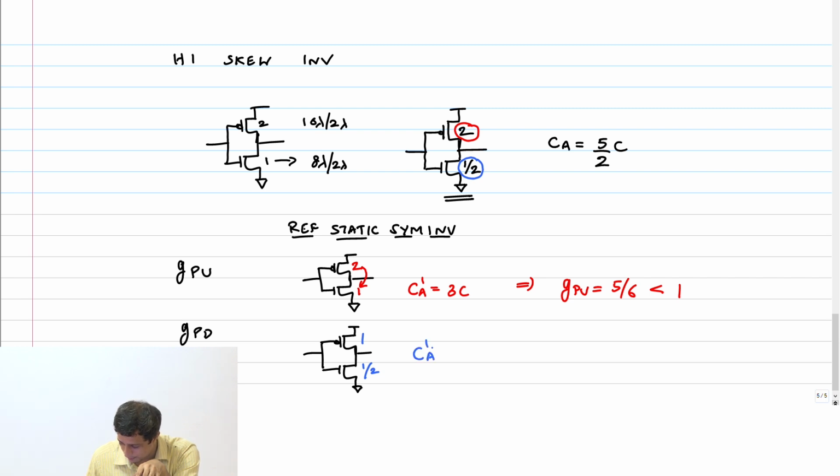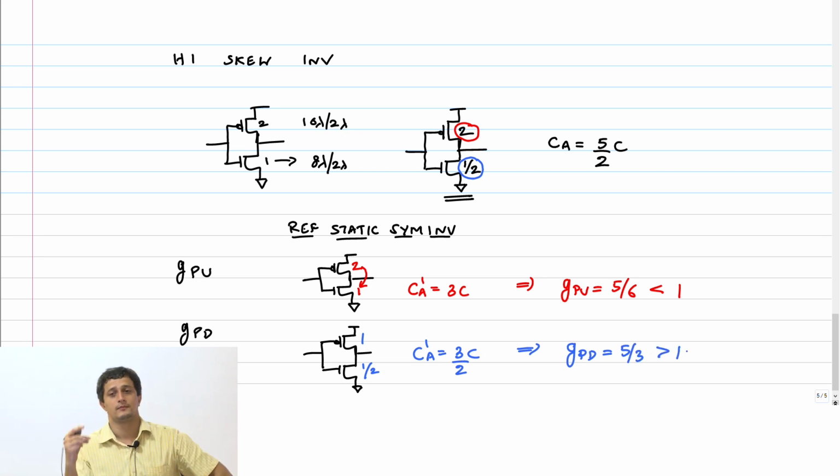Therefore, C_a prime is how much? 3 by 2 C, which implies g_PD is how much? 5 by 3, which is greater than 1. Clear? Any questions?